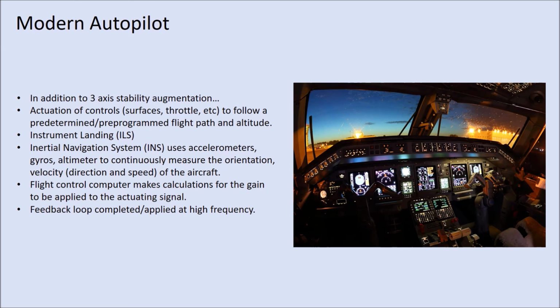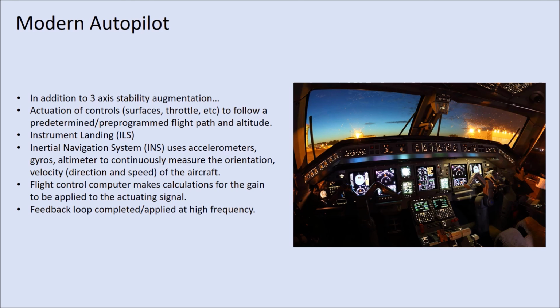And an INS basically uses a bunch of accelerometers, gyroscopes and that kind of thing to continuously measure various parameters about the flight condition and then provide information to the flight control computer, which makes a bunch of calculations for how to manipulate the controls in order to maintain this desired flight condition.